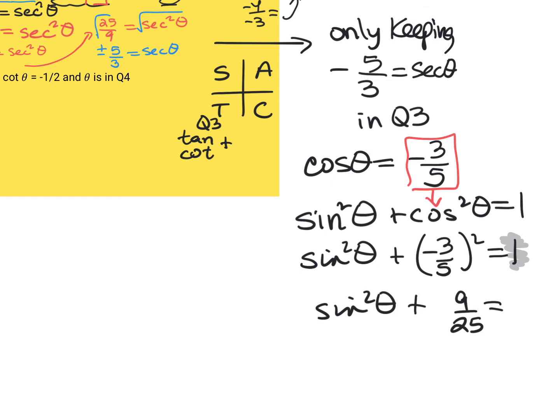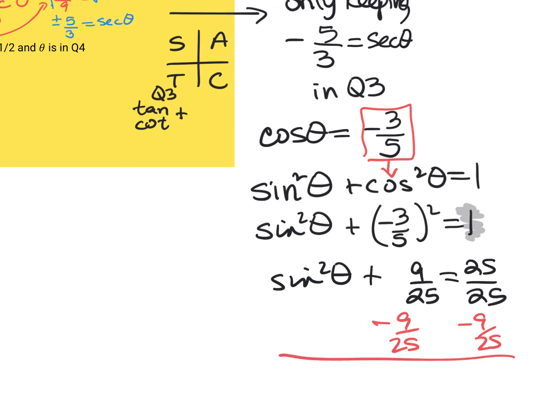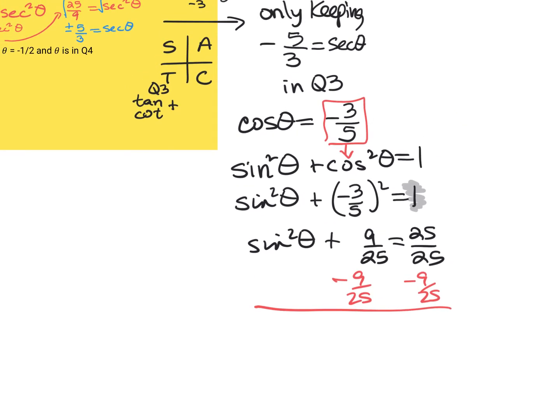So when I move the 9/25, it's easy to subtract. So I'm going to change it to 25/25, because my goal is to isolate sine squared theta. So now I have to subtract 9/25 from both sides. And now I'm left with sine squared theta is equal to 16/25.